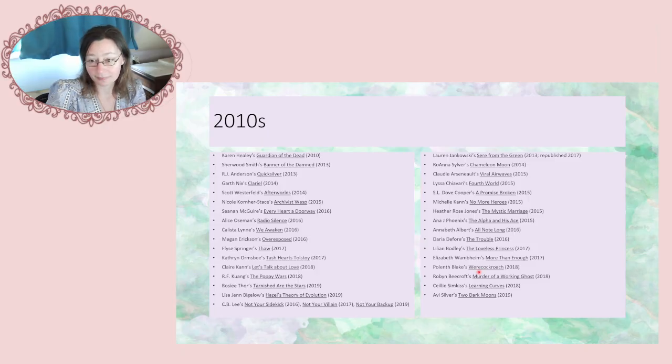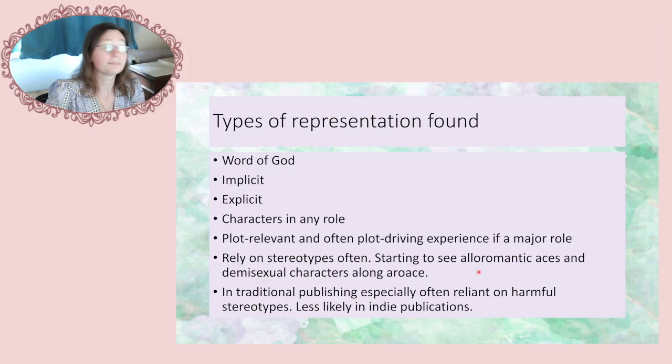But there's a lot. And then we come to the, oh no, sorry, I am silly. We are coming to the types of representation found, kind of like a format summary. So here we find more word of God representation from people who were writing characters where they look back on it and go, oh, this is asexual, aromantic to me, and so this is definitely in there.